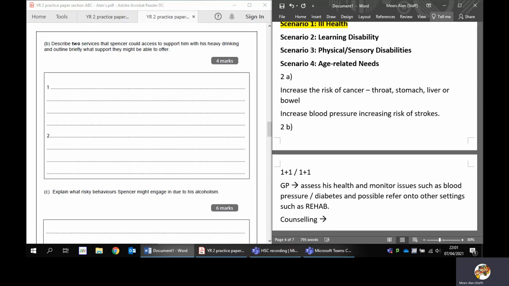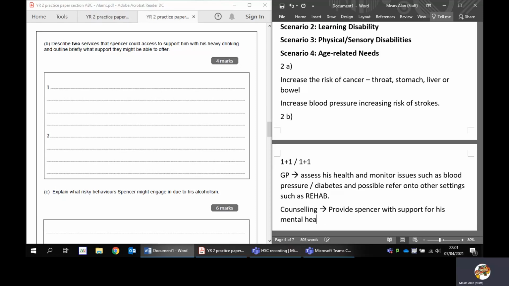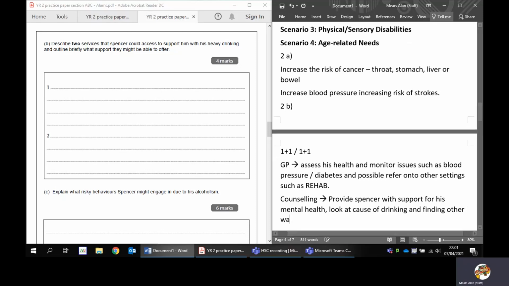So again, if you went to counselling, this could provide Spencer with support for his mental health, maybe look at his drinking and finding other ways to manage it, or deal with stress. So there we go, we've got a support agency and what they do, our 1 + 1.